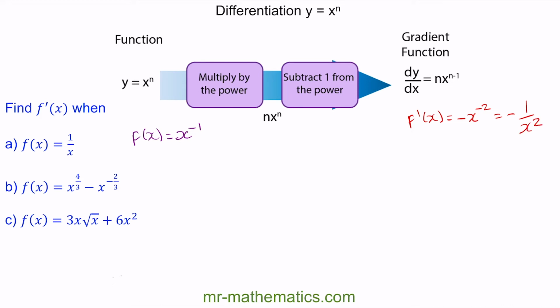Okay, for part B, we have x to the power of 4 over 3 minus x to the power of minus 2 over 3. Well, we can multiply the 4 over 3 by the 1, so we get 4 over 3 x, and then take away 1 from this power, or take away 3/3, and we get 1/3.